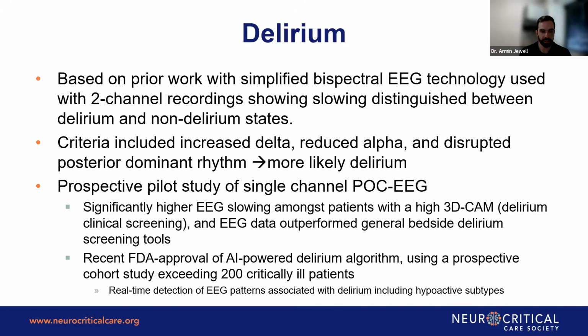And there was recently an approved delirium algorithm that's starting to be developed as well, using a study of over 200 critically ill patients to determine delirium. So this is a new emerging component of point of care EEG technology to adequately treat and determine delirium in ICU patients.